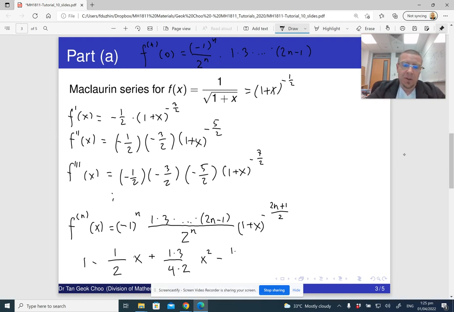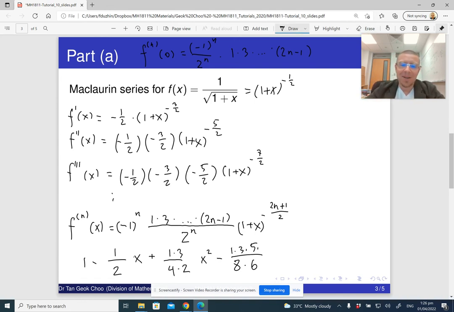Okay, so now it'll be 1 times 3 times 7 divided by the next power of 2 is 8 times 3 factorial, which is 6. Sorry, it's got to be, yeah, my bad. 1 times 3 times 5, of course, not 7.